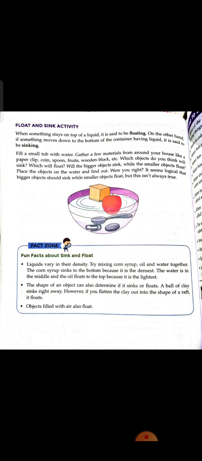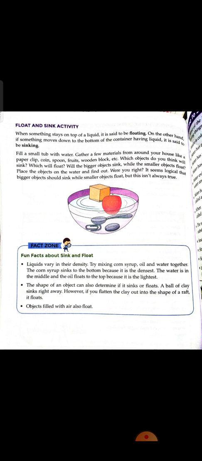Which objects do you think will sink, or which will float? When you put those objects in, you will realize that some of the items are sinking below and some are floating above. Those objects which float are called floating objects, and those that have gone down are called sinking objects.